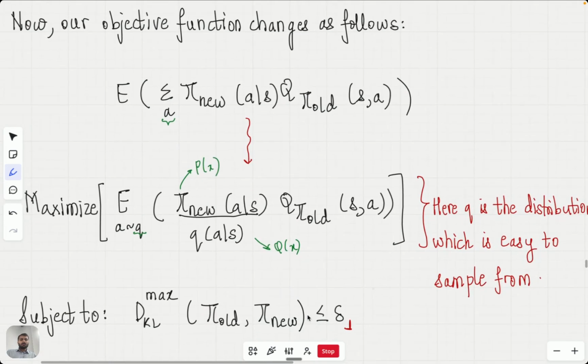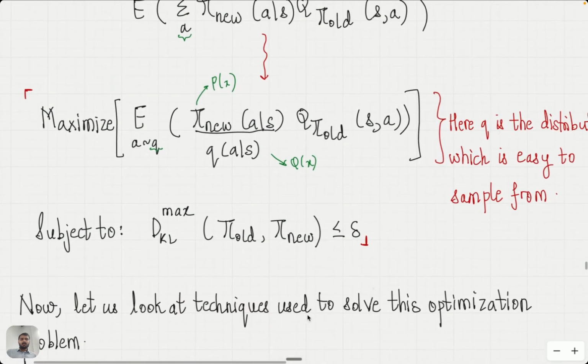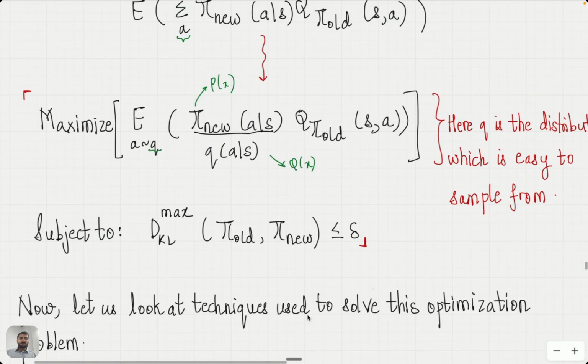So Q is the distribution which is easier to sample from. So now I have got my expression, and it looks like this.